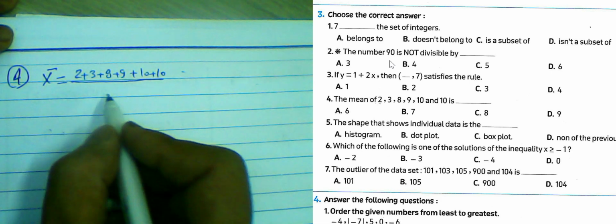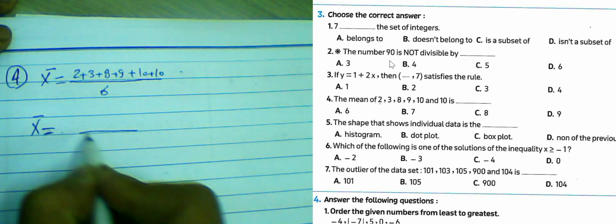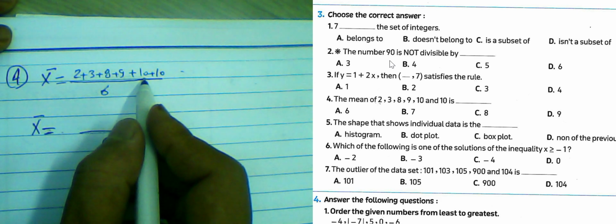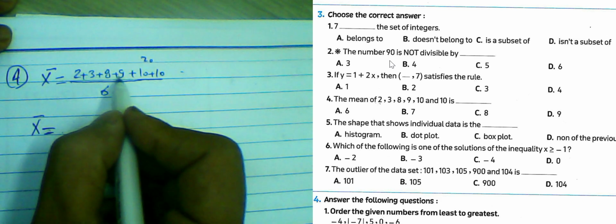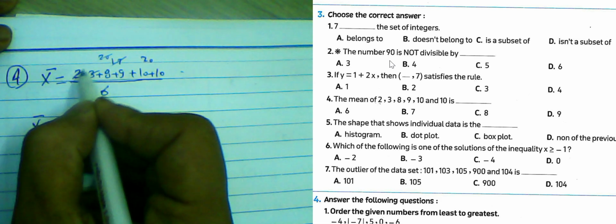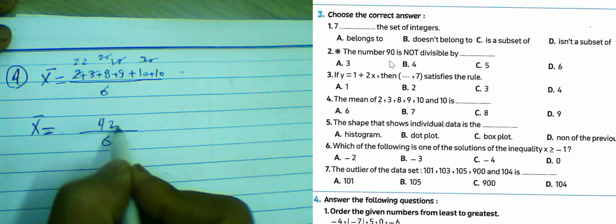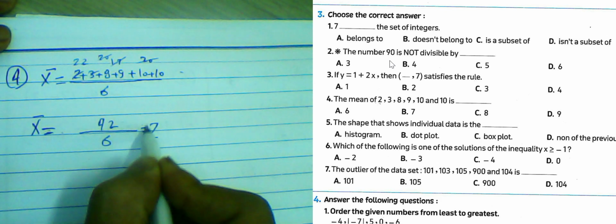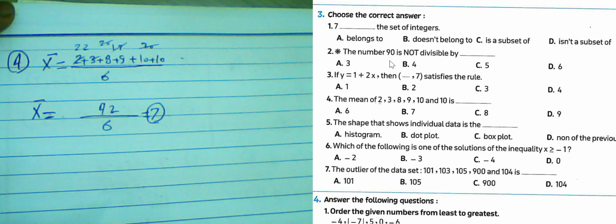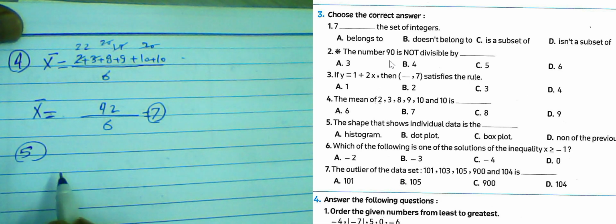That is 6 numbers, which refers to the arithmetic mean. We can write 6 and 10 plus 10, 20. 9 plus 8, 17. 17 plus 3, 20. 20 plus 2, 22. 22 plus 20, it will be 42. 42 divided by 6 equals 7. Then the mean here about question number 4 will be 7. Choose letter B.